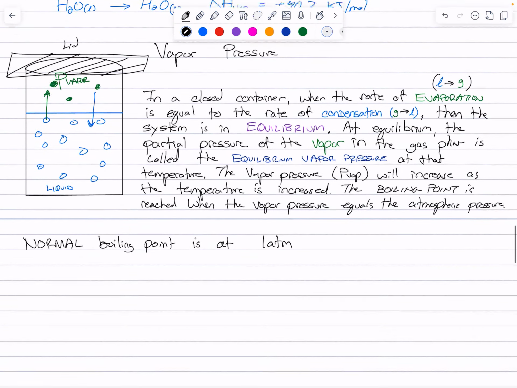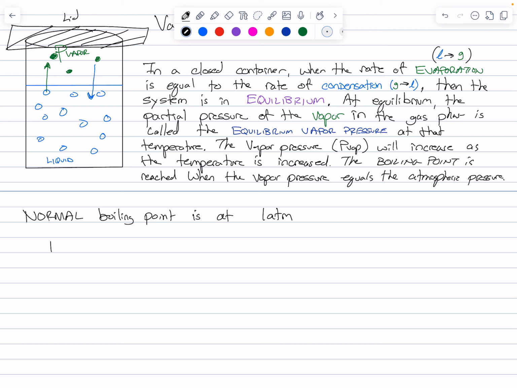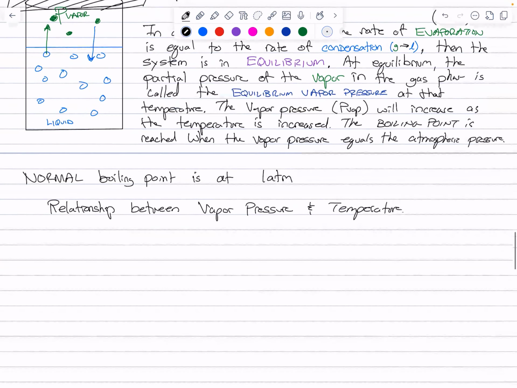So now, there is a relationship between vapor pressure and temperature. Because we kind of know that already, but there's actually a quantifiable way. So when we talk about things, we like to get things in lines.